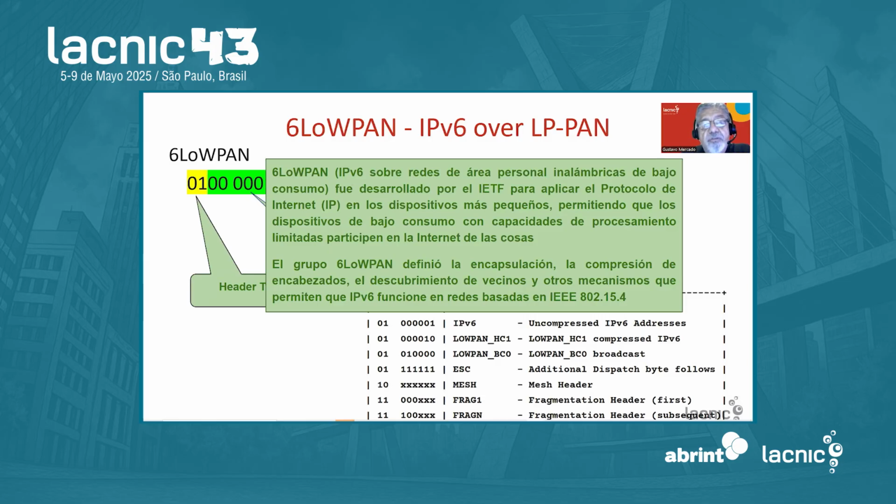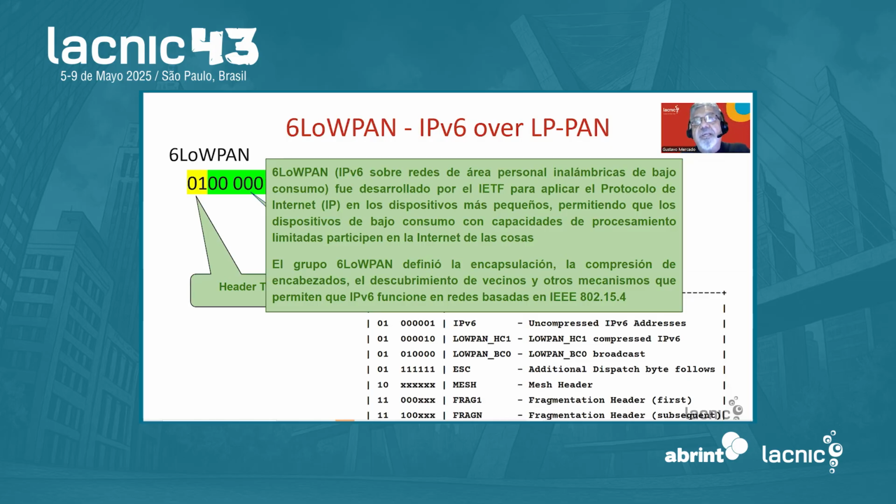So 6lowpan was developed by IETF to apply the Internet Protocol in the smaller devices, allowing the low consumption devices with limited processing capacity to participate in the Internet of Things. The group 6lowpan defined the encapsulation, the compression of the headers, neighbor discovery, and other mechanisms that allow IPv6 to operate, to run in networks based on IEEE 802.15.4.